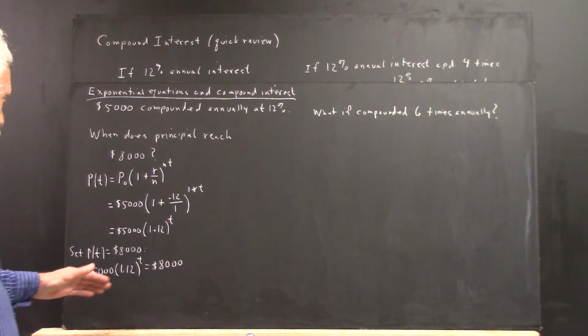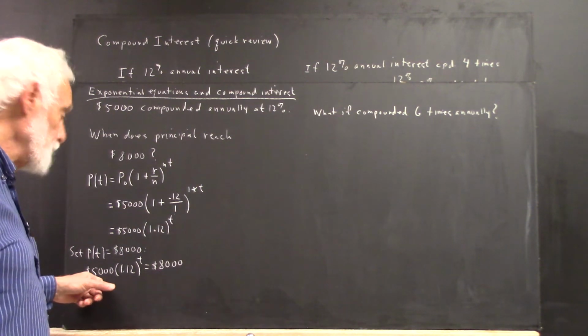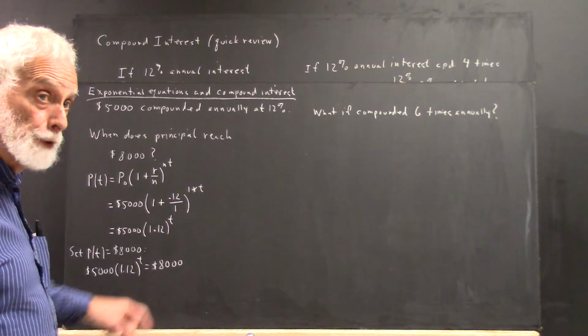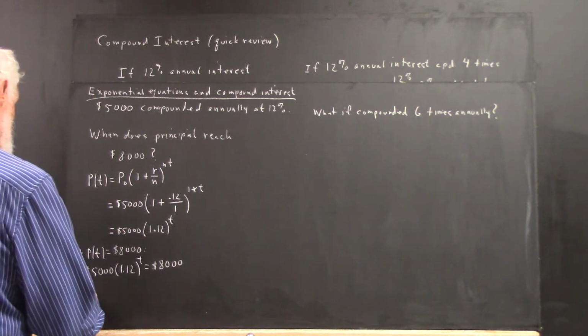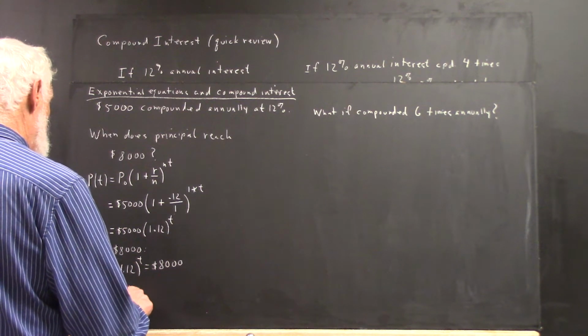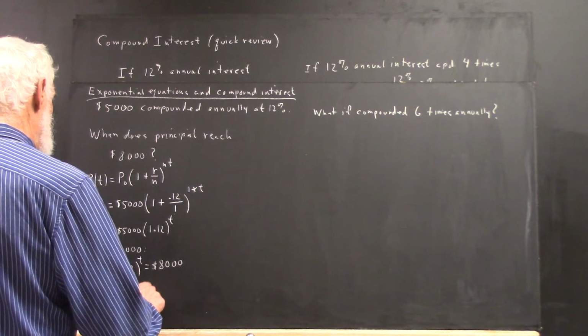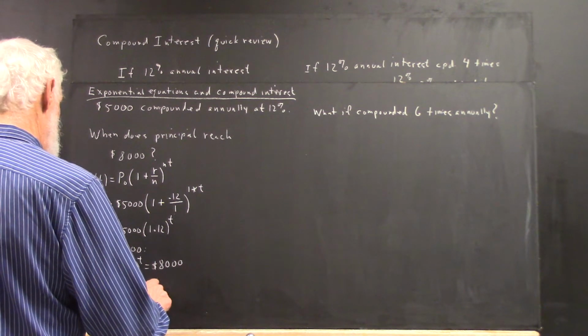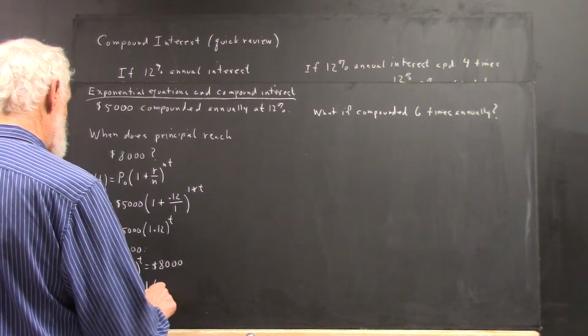I'm not going to write out every step here, but we divide both sides by $5,000 to put this into the standard form of an exponential equation. So I'll just put some dots here and say, okay, that gives us then 1.12 to the t equals $8,000 over $5,000, and that's 1.6.